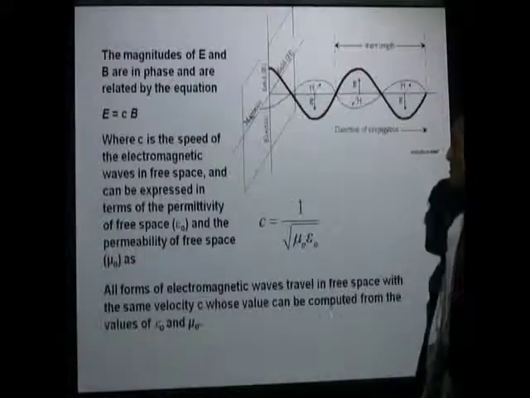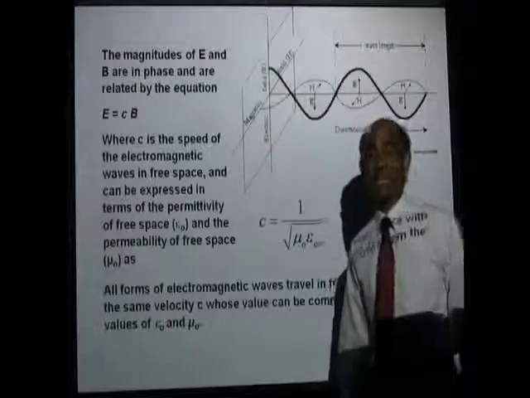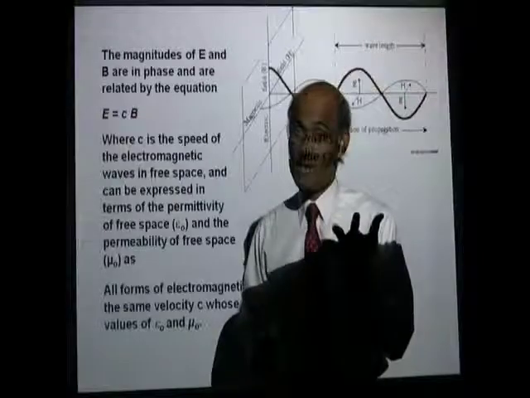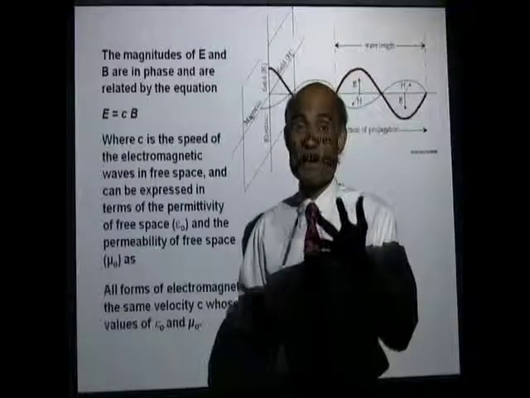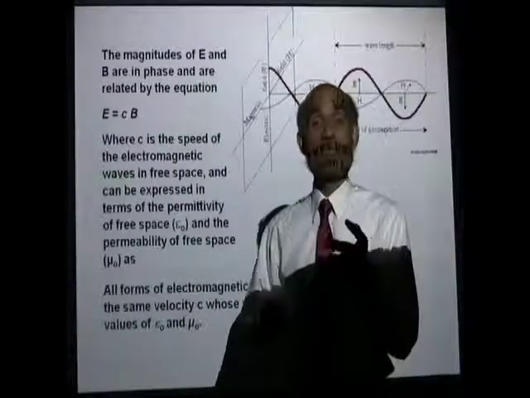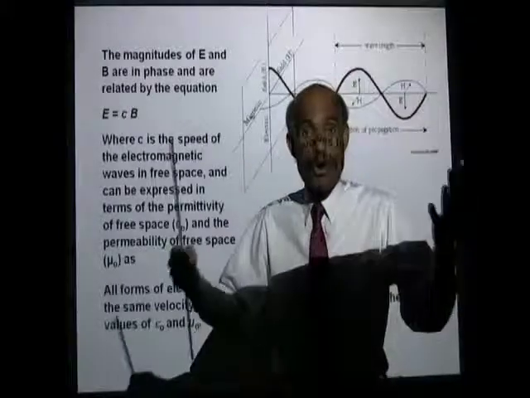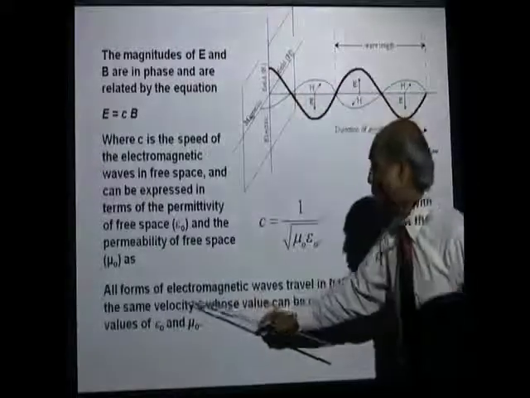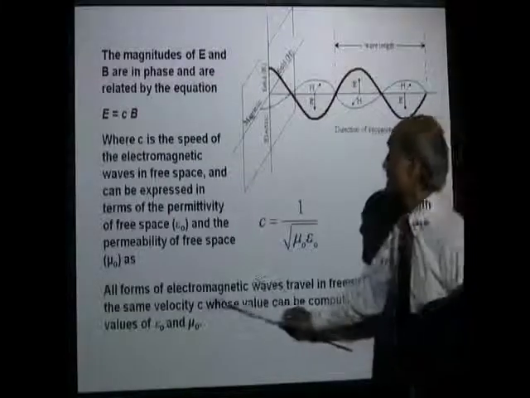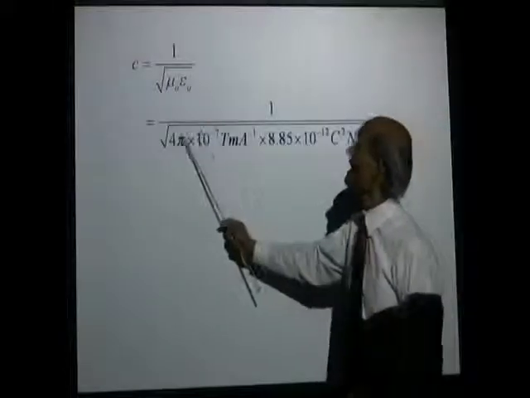Well, all forms of electromagnetic waves travel in free space with the same speed c. Now, how many forms of electromagnetic waves do you know? Well, we've got radio waves, infrared, visible light, the lights that we see, ultraviolet, X-rays, gamma rays. They are all electromagnetic waves, and they all travel in space with the same speed c, and the value of c can be computed from the values of mu zero and epsilon naught.